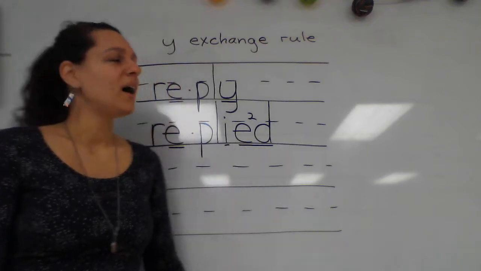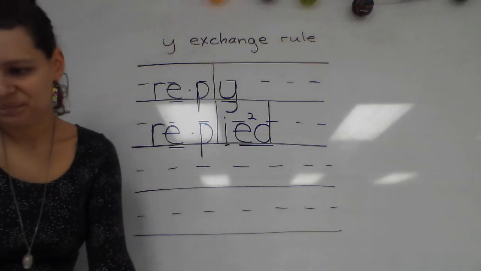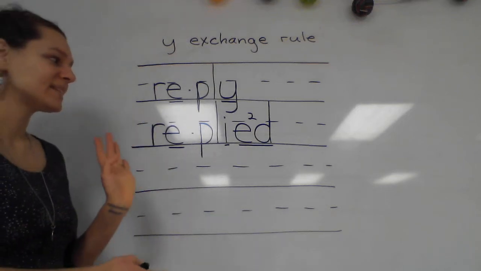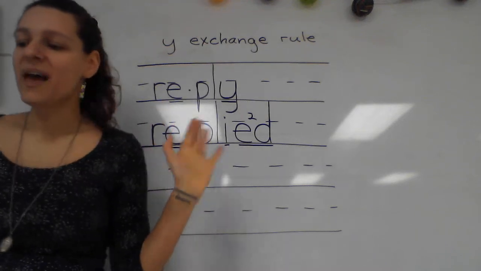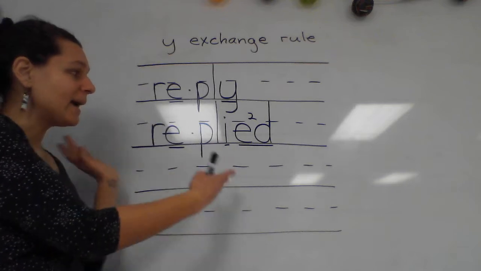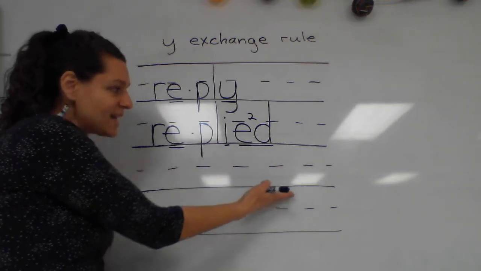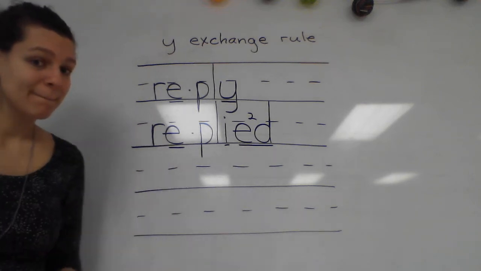Replies. All right, so we're adding a suffix. It does not start with an I, so we're going to use our Y exchange rule. So once again, go ahead and write reply, but since we're going to add the suffix, go ahead and do the Y exchange. Don't write anything after that.